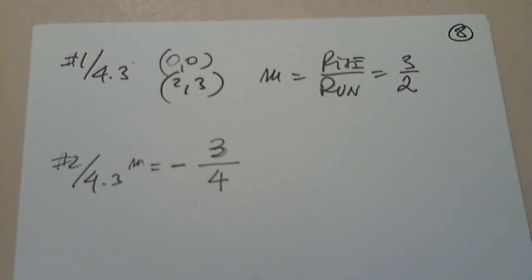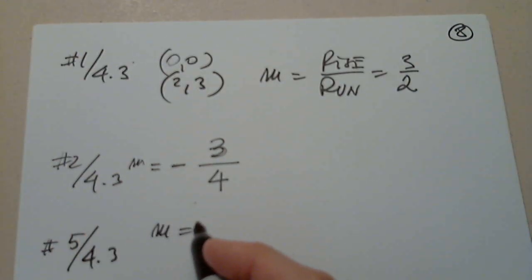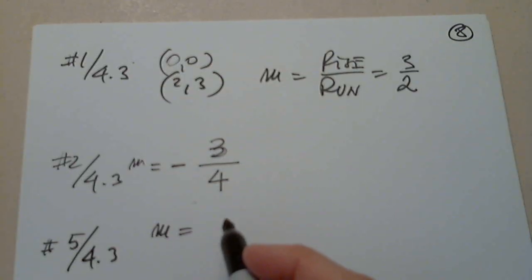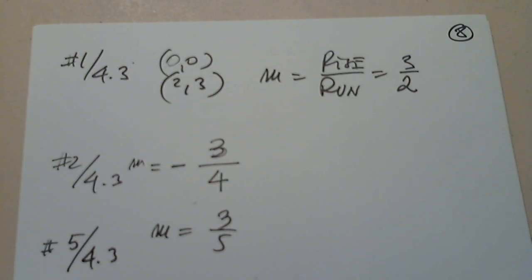So 3 over 5. Is it positive or negative? Positive, because it's going from left to right up. Of course. Positive, 3 over 5. So again, 3 is the rise, 5 is the run. So that's M1. Let's find M2.